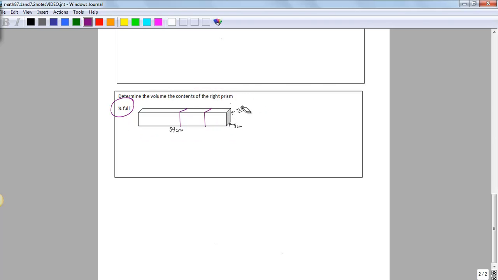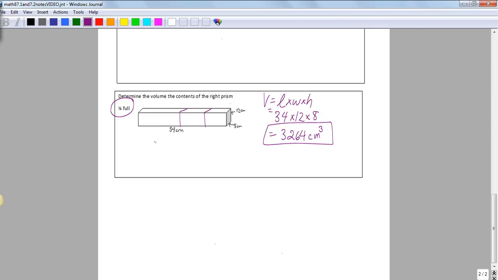So let's do that. Volume is length times width times height. That's 34 times 12 times 8, which is 3,264 centimeters cubed. That's your volume.